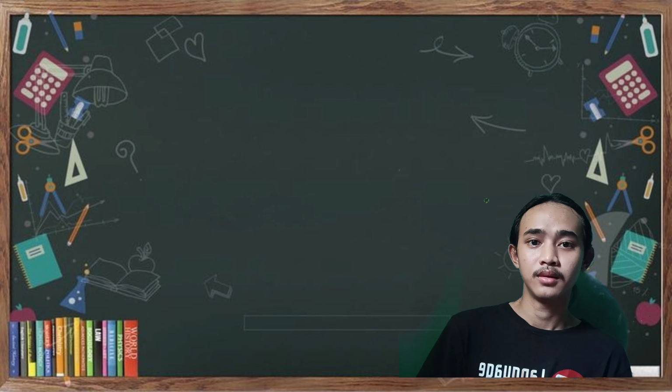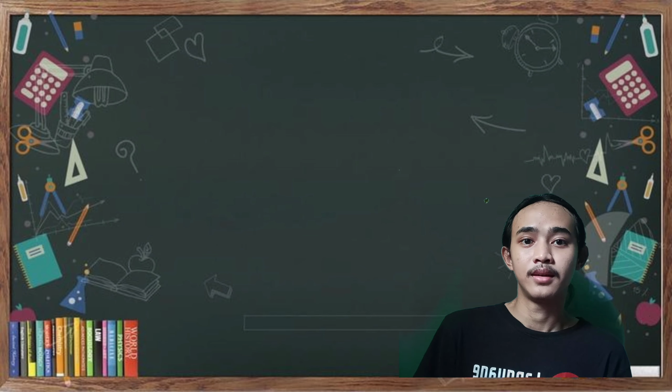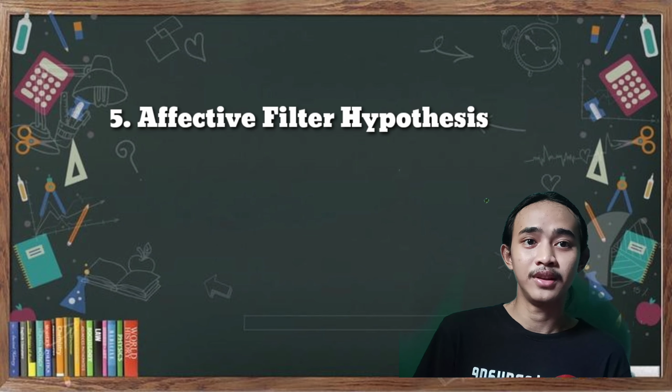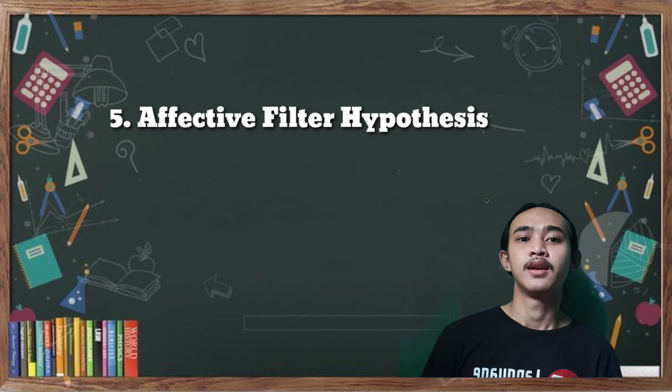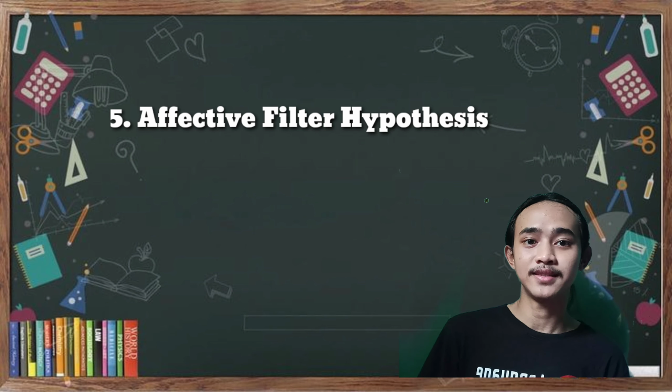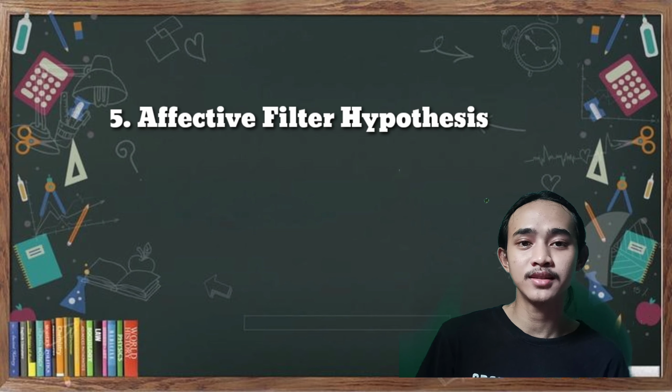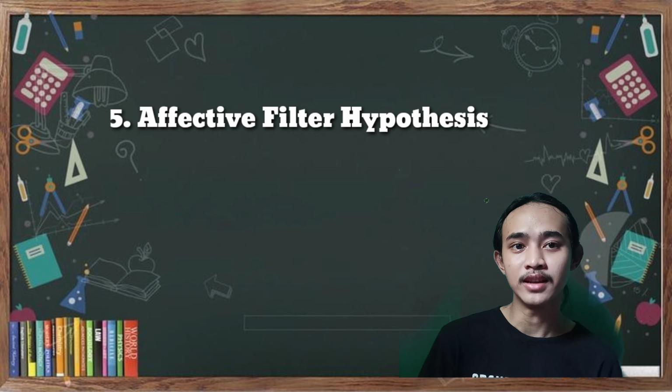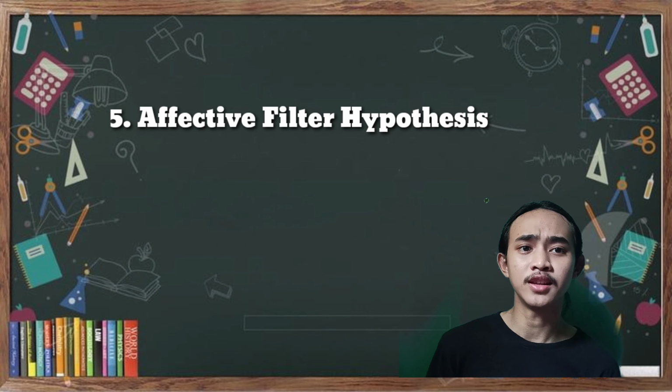Okay, the fifth, affective filter hypothesis. This hypothesis states that attitudinal variables relating to success in second language acquisition are generally directly related to language acquisition, but not necessarily to language learning.